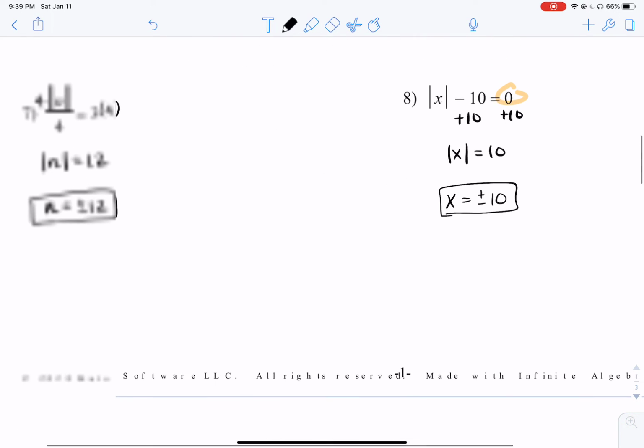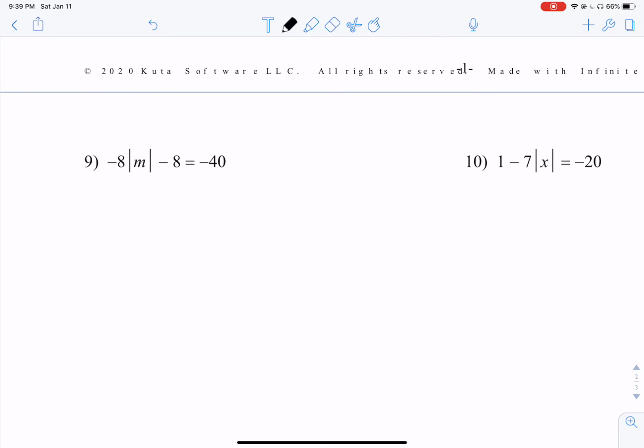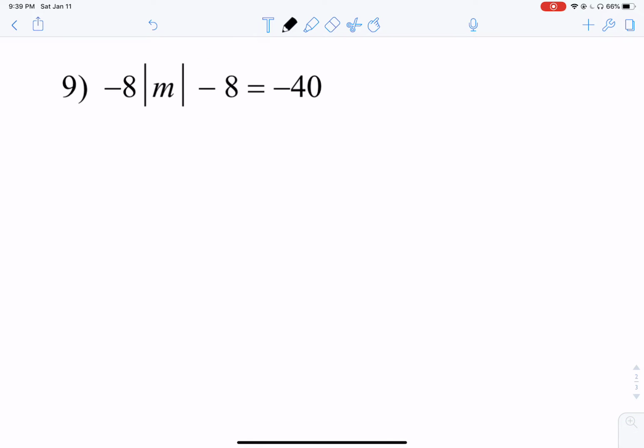All right, so that now takes us to the back of the assignment, where we have multiple operations that we have to do before we can isolate the absolute value. Very similar to the previous assignment, all we have to do is use inverse operations. Here we're multiplying by -8 and then subtracting 8. So by inverse operations, we would have to add 8 to both sides first.